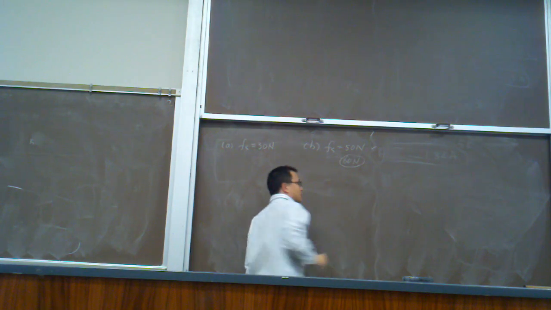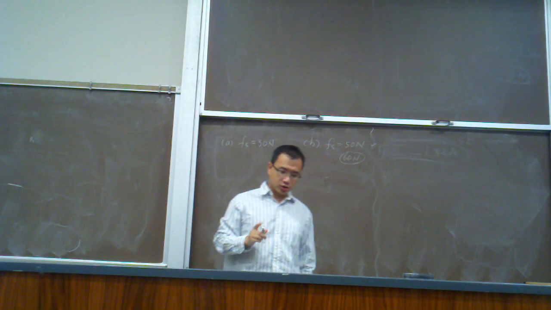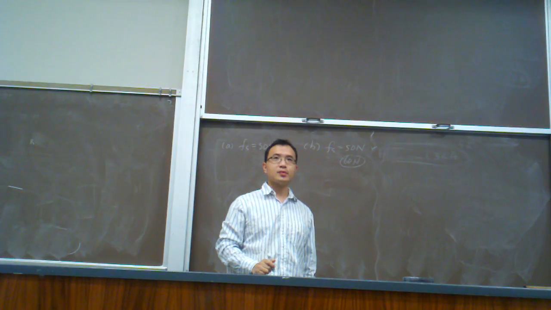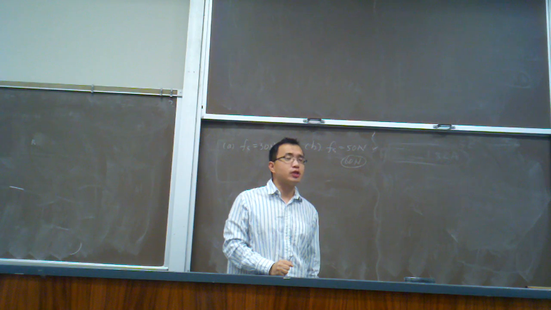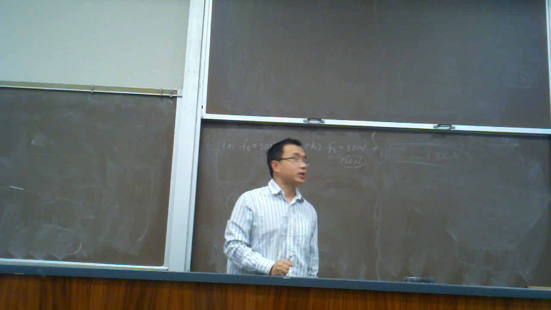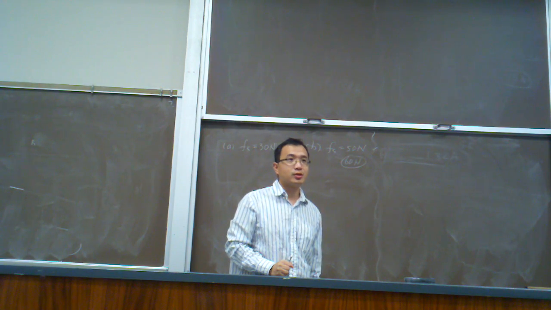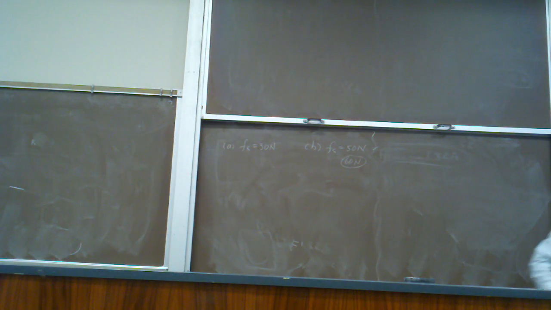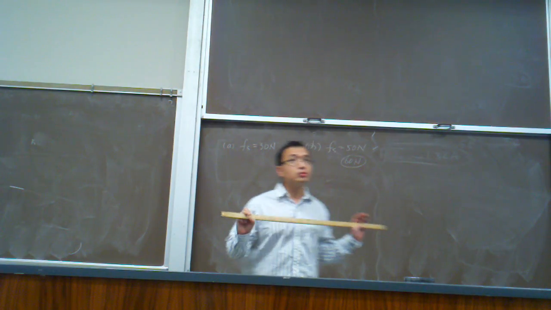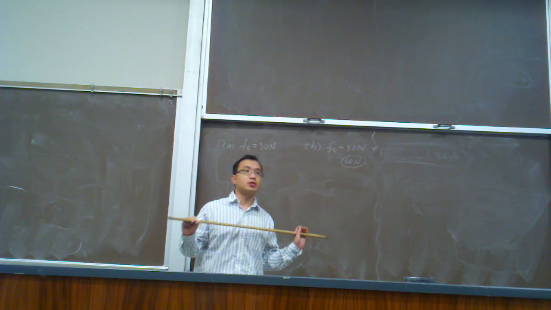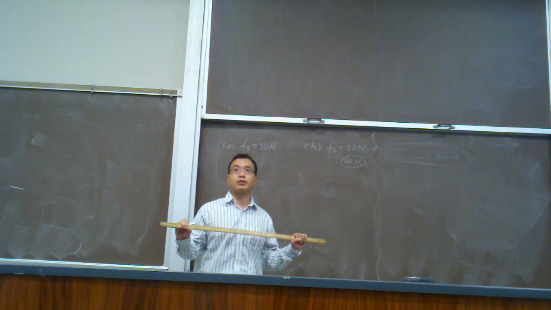What's wrong with the 60 is that, yes, the system tried to give you 60 Newton frictional force, but it cannot do that, right? Because the maximum static frictional force can only be 50. So even if the block would like to, it cannot give you 60 Newton static frictional force.